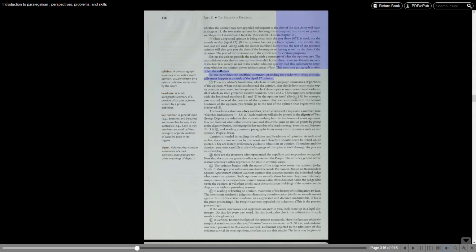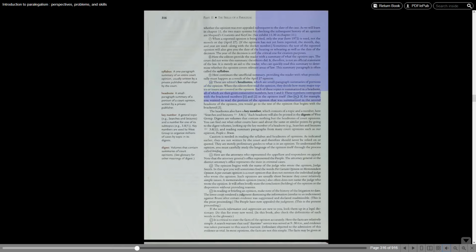Here continues the unofficial summary, providing the reader with what procedurally must happen as a result of the April 27th opinion. Next are the editors' headnotes, which are small paragraph summaries of portions of the opinion. When the editors first read the opinion, they decide how many major topics or issues are covered in the opinion.